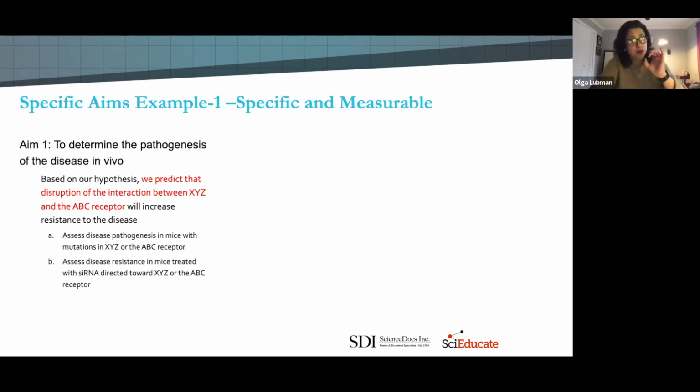So it's a very specific statement and hypothesis. Then, what are we going to do? Assess disease pathogenesis in mice with mutations, and then assess disease resistance in mice treated with siRNA. So two different aspects of the research that are independent of one another, two different bullet points within the aim.